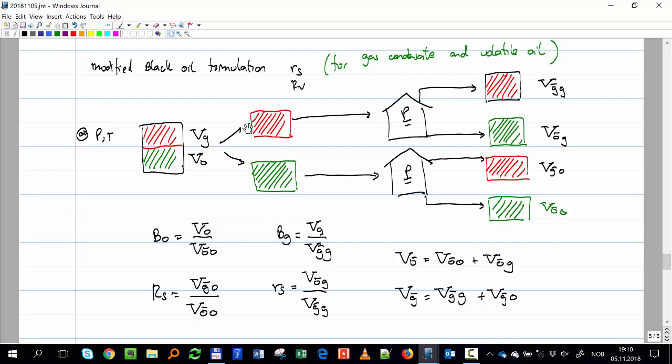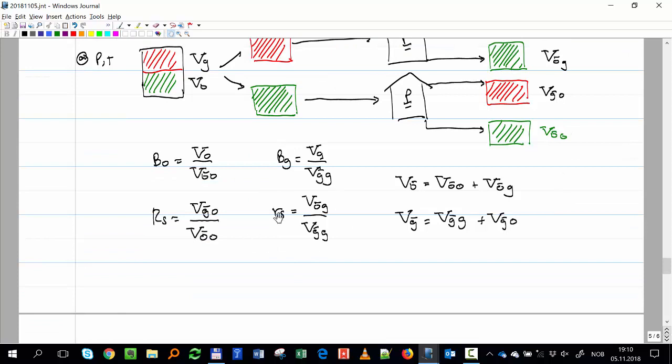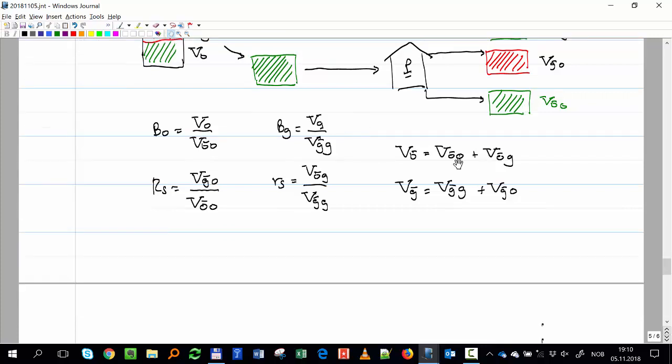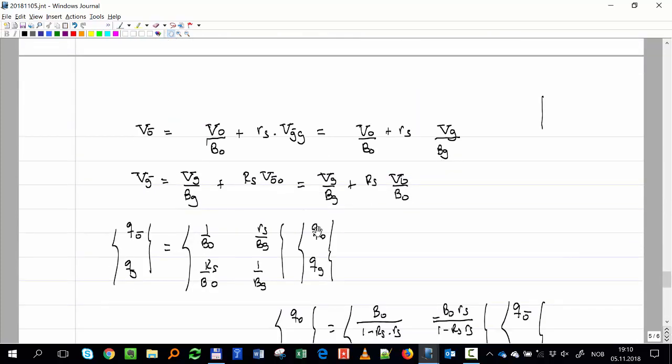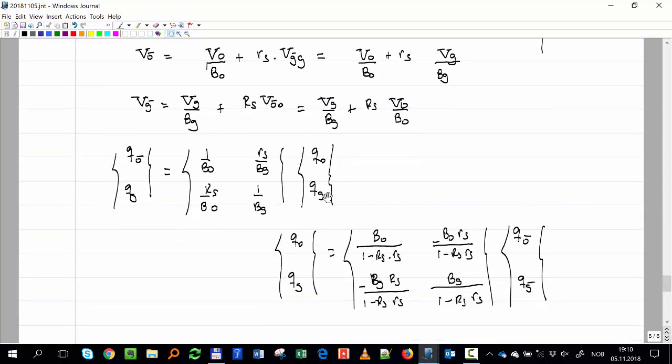So we separate at pressure and temperature, and we take them to surface separately. In that sense, we can define gas from gas, oil from gas, gas from oil, and oil from oil. And we can define our new or the same black oil properties as before, looking just at the oil separately and just at the gas separately. And we can express once more the local rates in terms of standard conditions rate, or standard conditions rate instead of local rate.